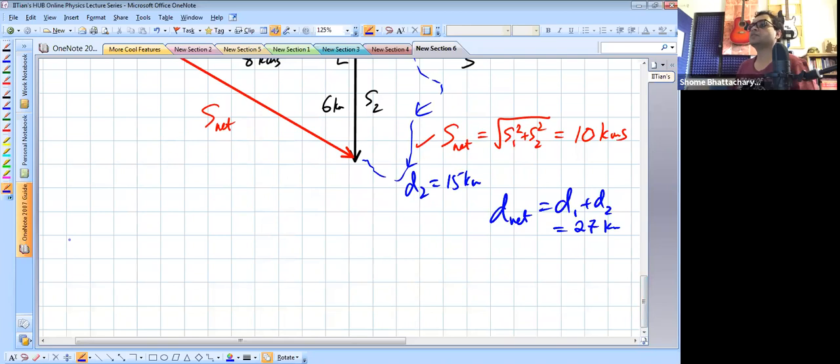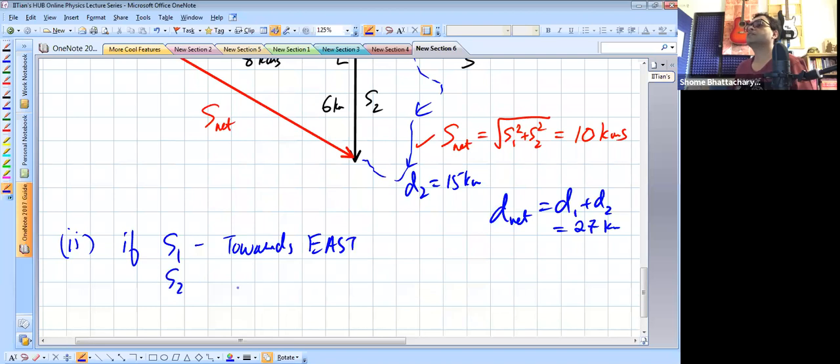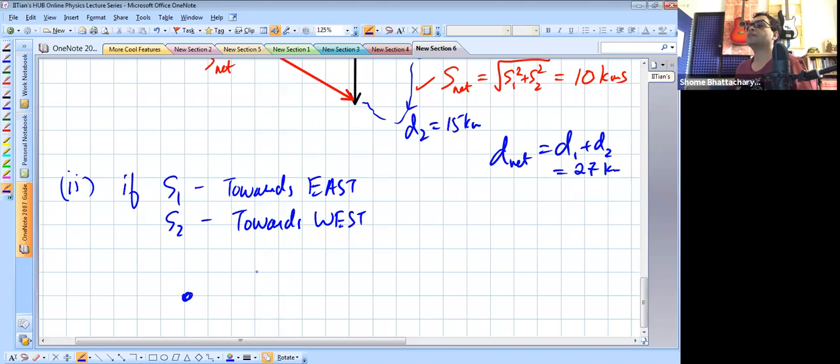In the same question, suppose S1 is towards east again, but now S2 is towards west. So this could also happen. We could have a situation where the body goes from this point via some path like this, ends up somewhere here, and then in the second part, it comes via a path something like this, and ends up somewhere here.